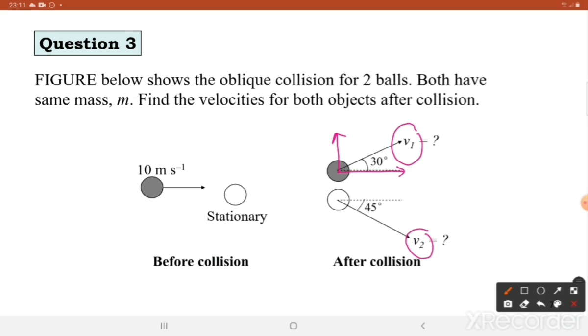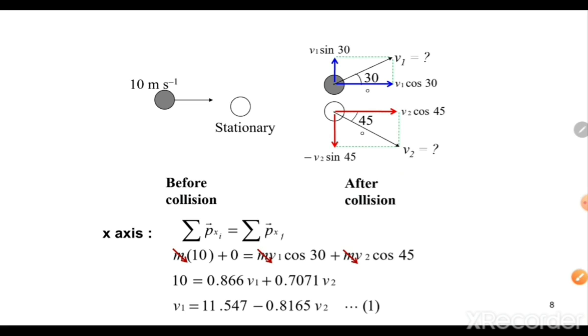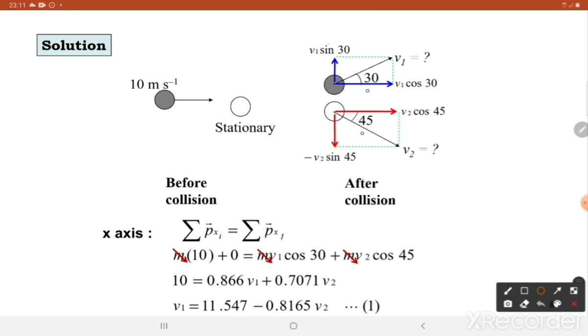So we need to apply the principle of conservation of linear momentum separately along the x and y axes. Before you apply, don't forget to resolve v1 into both components. The same goes for v2, resolve it into both components first.